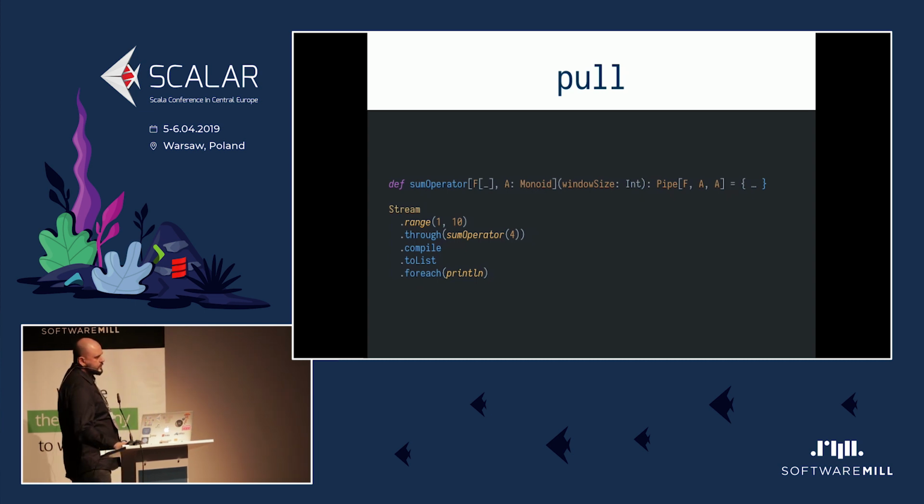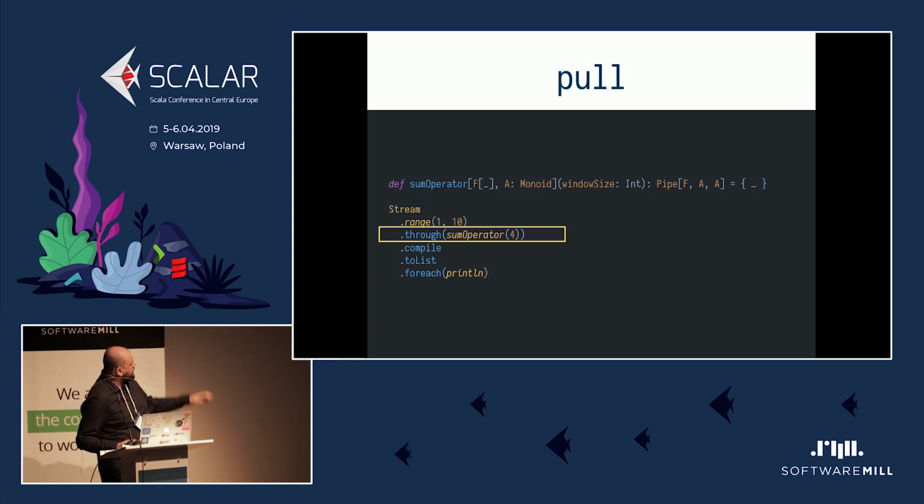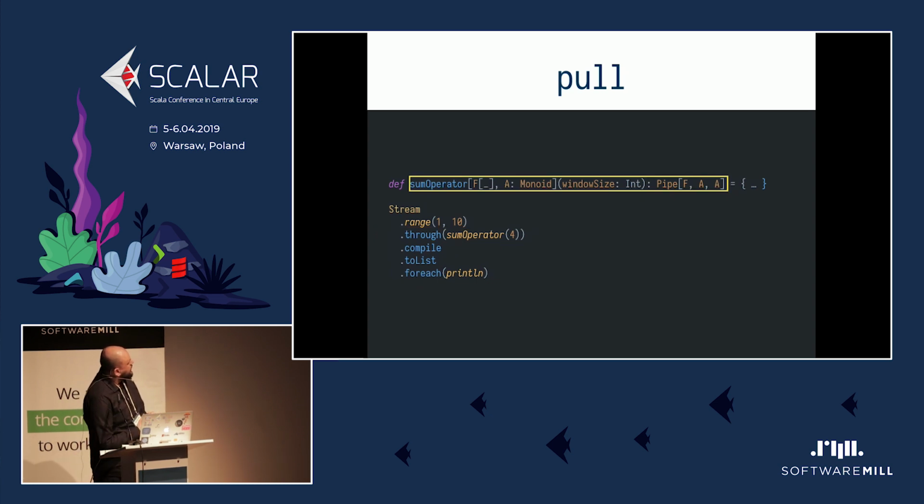Right now we have a stream from 1 to 10, and we want to calculate the sum of every 4 elements in the stream and output this sum into the downstream. So right here is the definition. Here we switch processing every item in upstream into our Pull operator. Here is the definition of what we need.